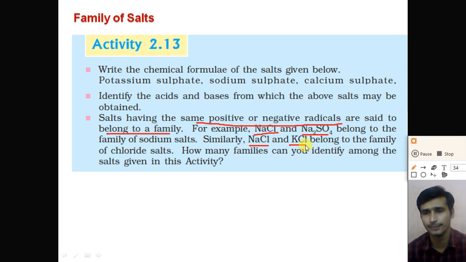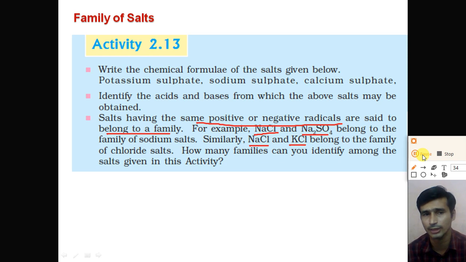So try to identify this type of family of salts which belong to the same family. When the positive radicals are common in all the salts, these salts belong to the same family. And if the negative radicals are common in all the salts, these salts also belong to the same family. Understand, dear student, what is the family of the salt?